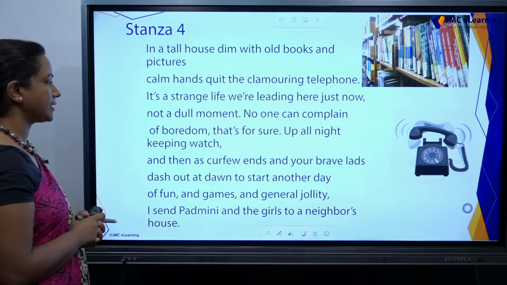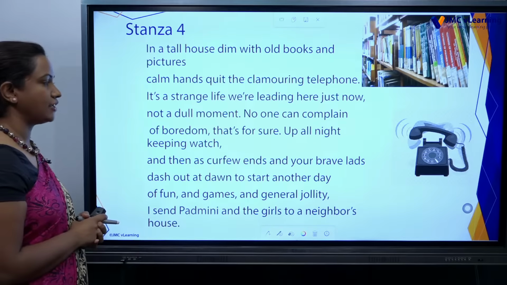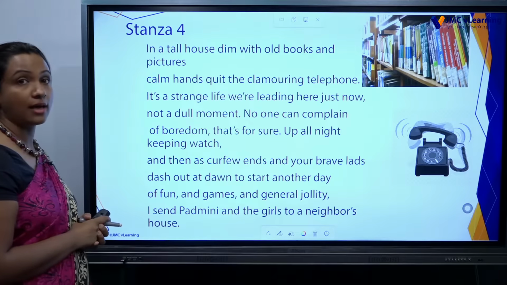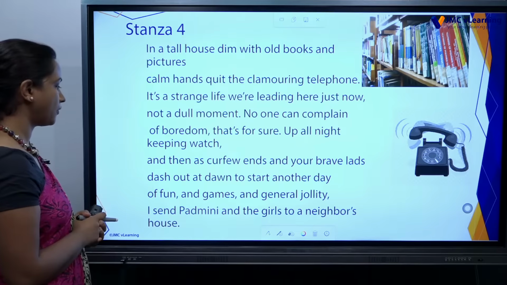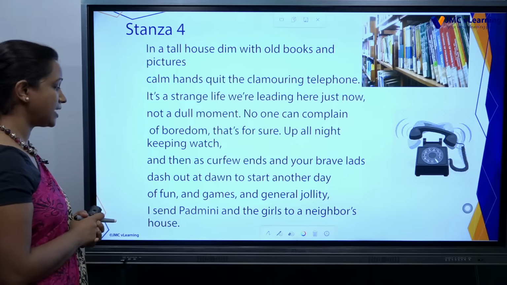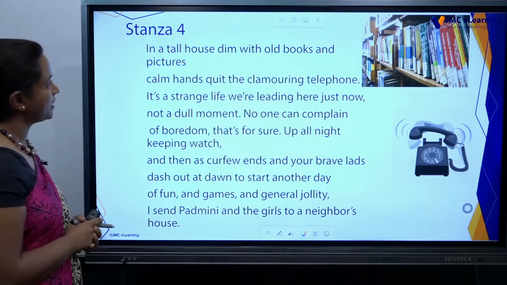Up all night keeping watch. And then as curfew ends and your brave lads dash out at dawn to start another day of fun and games and general jollity, I sent Padmini and the girls to a neighbor's house.